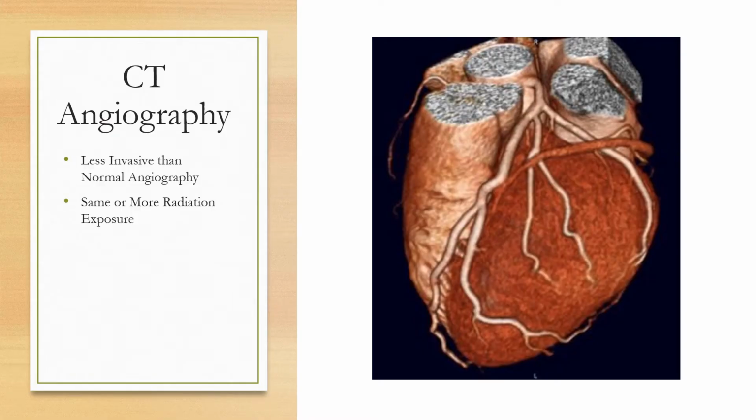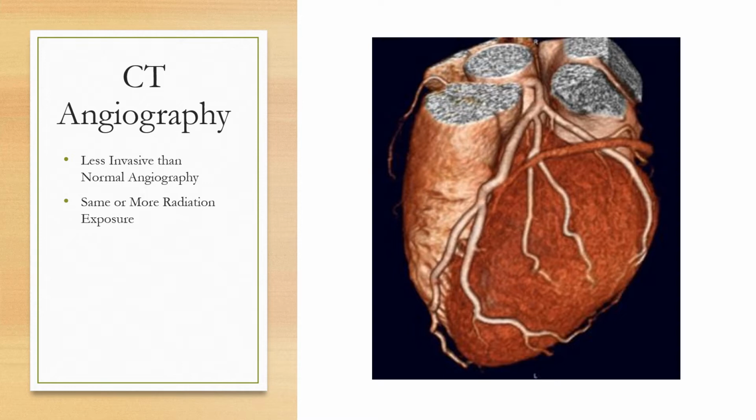Okay, so here's a CT angiogram. Okay, so you get a lovely image. You can see the coronary arteries going down. So it's much less invasive than a normal angiogram because with a typical angiogram, you have to go into an artery.